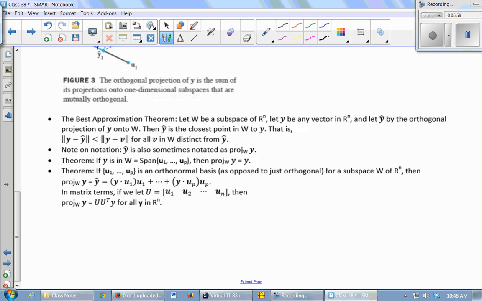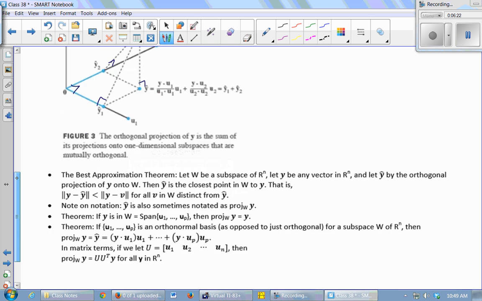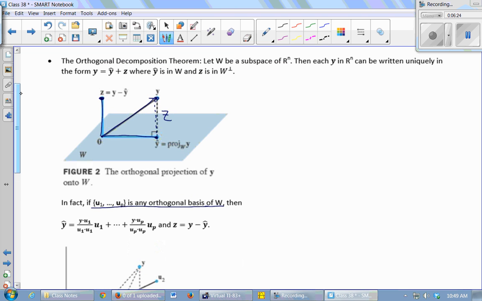All right, then we have the best approximation theorem. We'll let W be a subspace of Rn, so picture a plane in R3 maybe. And y can be any vector in Rn. y hat will be the orthogonal projection of y onto W. Then y hat is the closest point in W to y. So go back to this picture. Maybe the simpler picture is better here. So here I've got a subspace W. I've got a vector y that's in Rn.